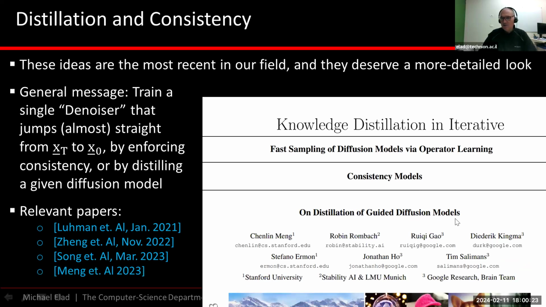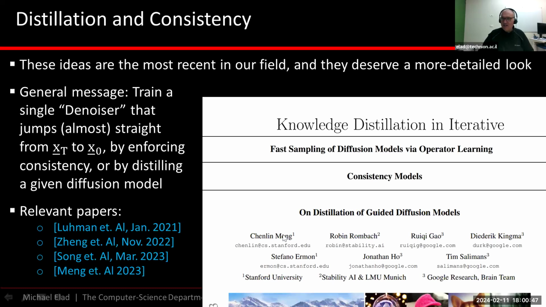On distillation of guided diffusion models, yet another paper, in this case, Rombach, that we'll see the name in a second coming up in the context of stable diffusion. He is part of Stability AI. Stability AI is a company from Germany. Tim Salimans, Ho, are people from Google. Stefano Ermon, we have seen the name. So it keeps coming to the same name.